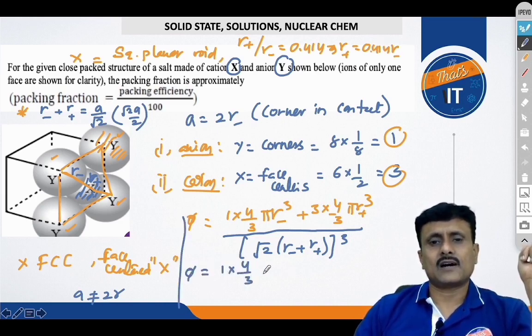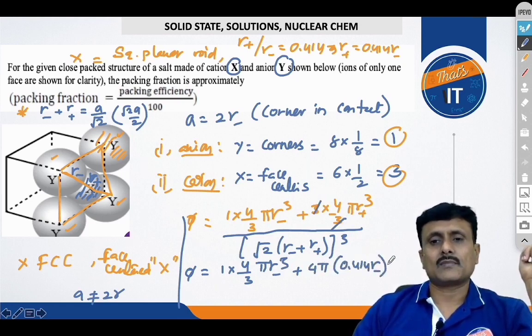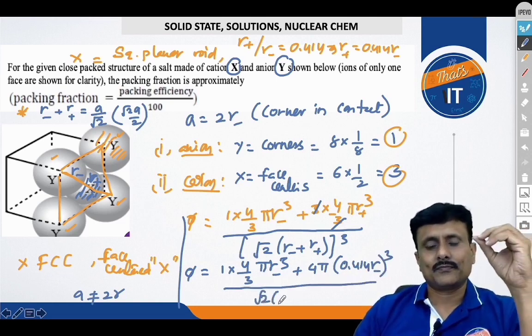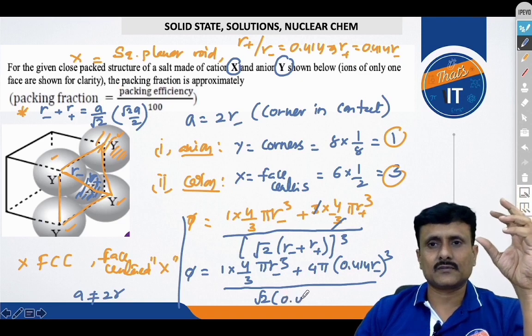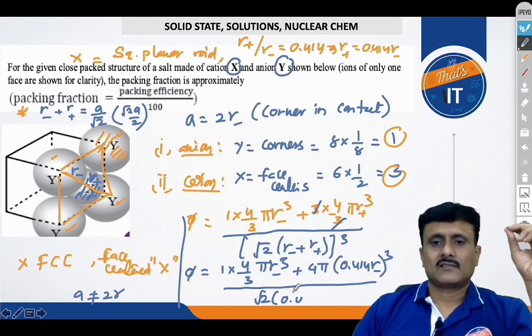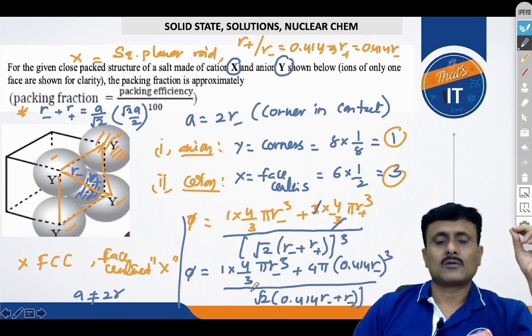I am going to substitute R plus in terms of R minus. The 3 got cancelled, 4 pi, R plus as 0.414 R minus whole cube, upon root 2 into R minus plus R plus, which I am substituting in terms of R minus, that is 0.414 R minus plus R minus whole cube.